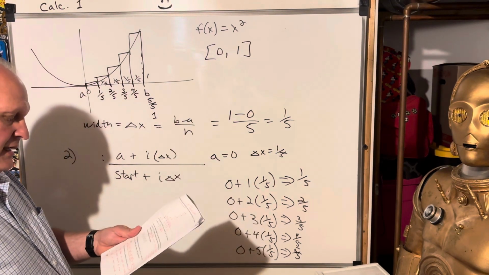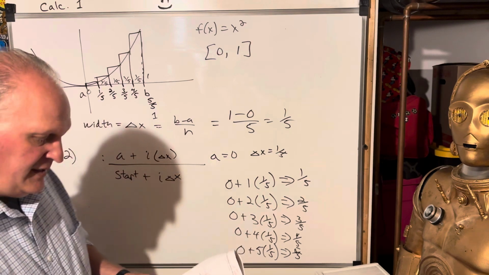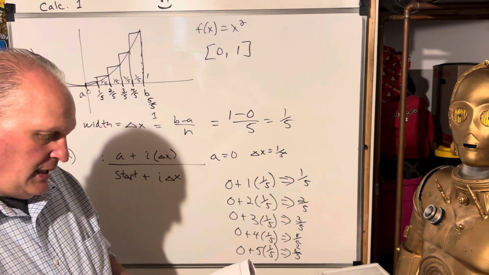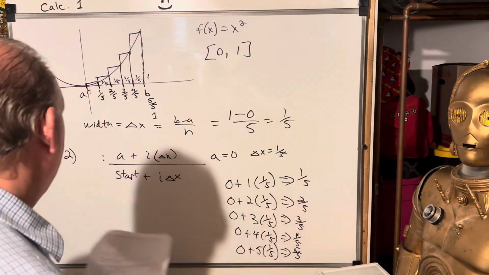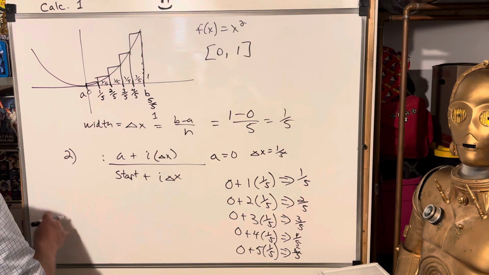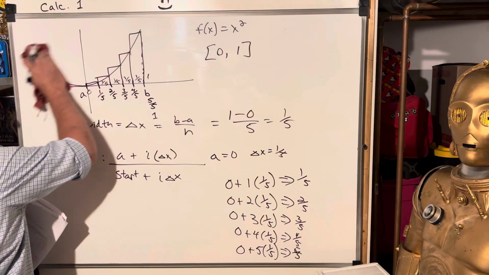All right, and so now what are we going to do? How do we find the approximate area? I'm going to need the board, so I got to get rid of my pretty drawing. Hopefully you got the pretty drawing.